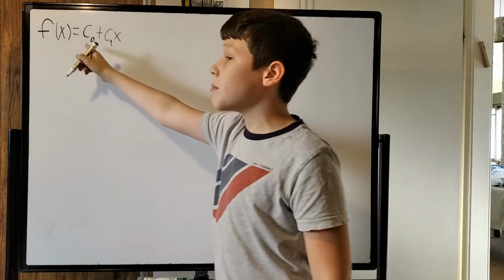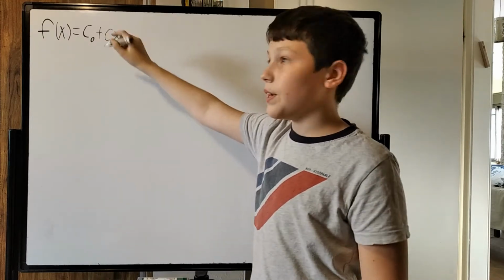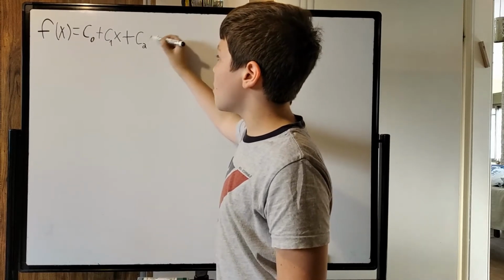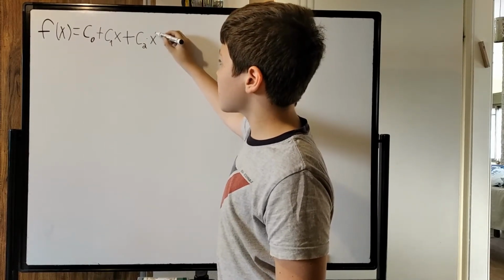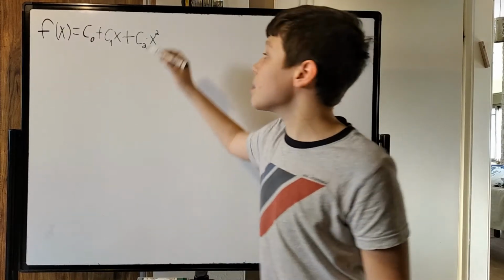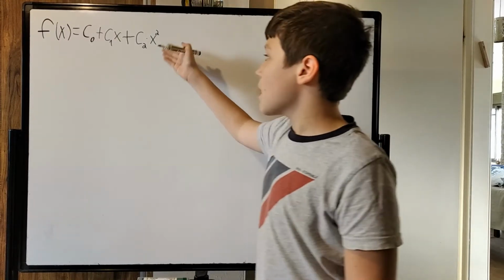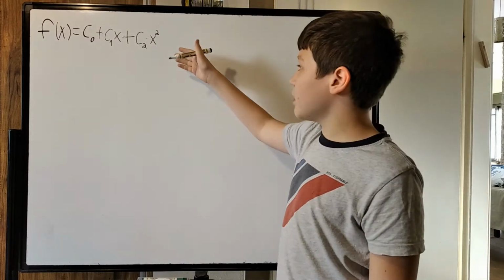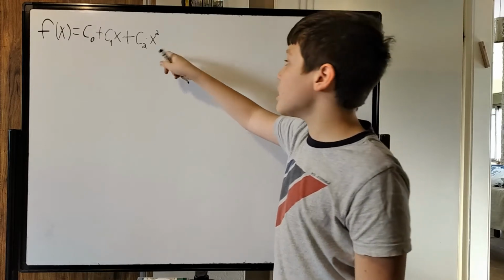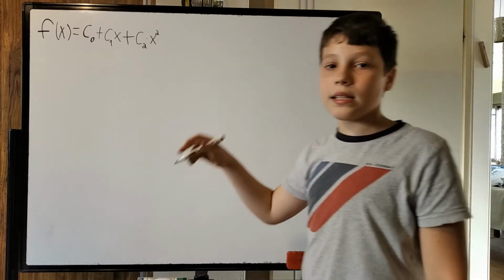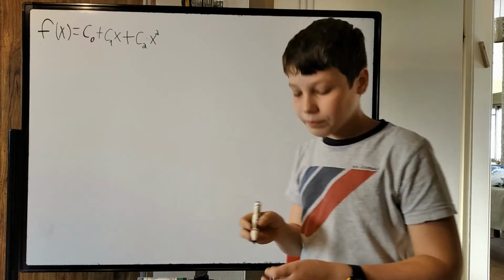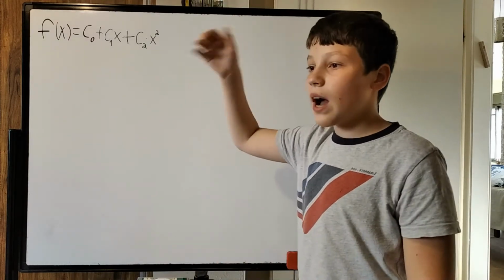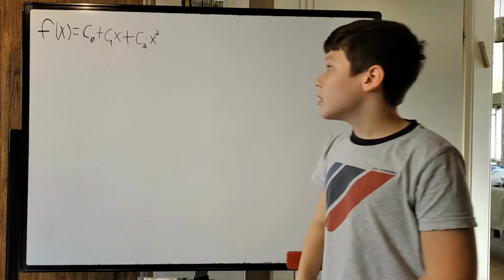So we have the constant term, then the coefficient for the x term, then plus c2 times x squared, the x squared term, and so on. I'm just going to present it up to x squared, but theoretically the polynomial extends to x to the infinity. It just goes on to infinity, not stopping at a specific x to the 5, 6, 7, 100.